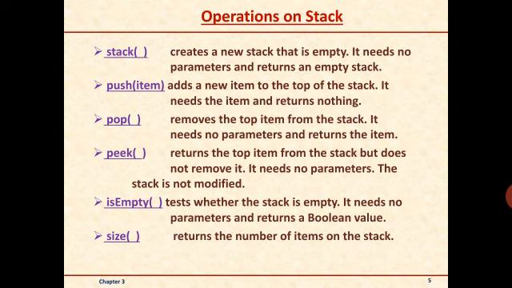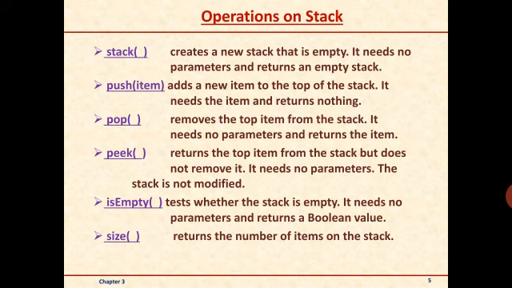It is added at the top of the stack. Third operation or a function is pop. It removes the top item from a stack. The stack later will be modified. Once the item is removed from the stack it has to be remodified.